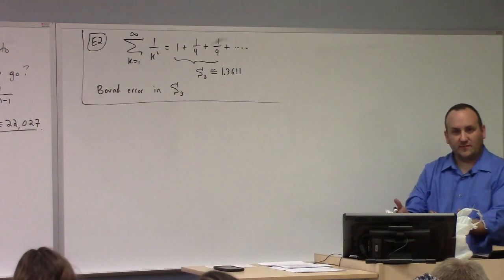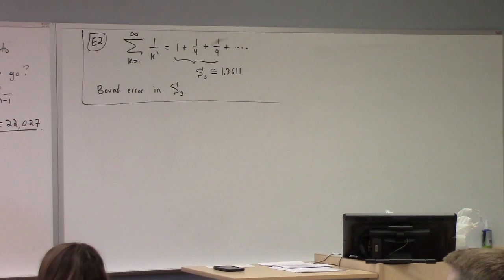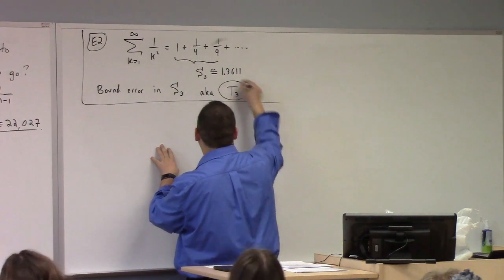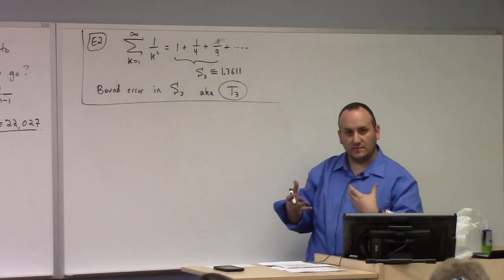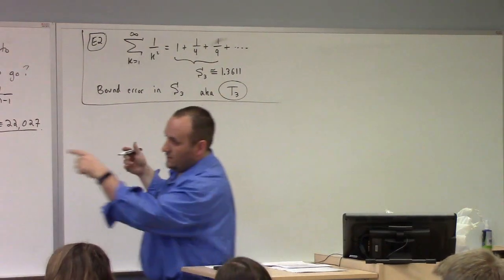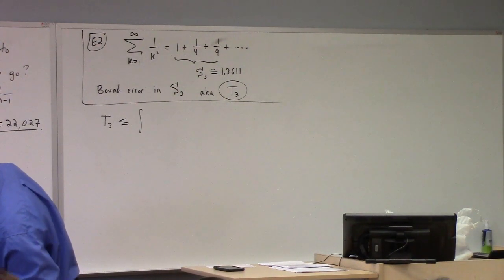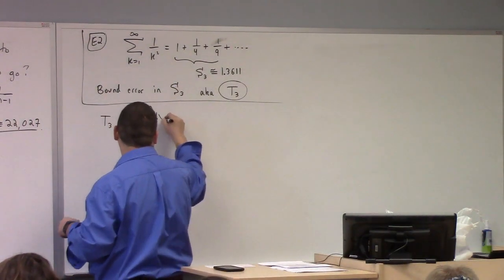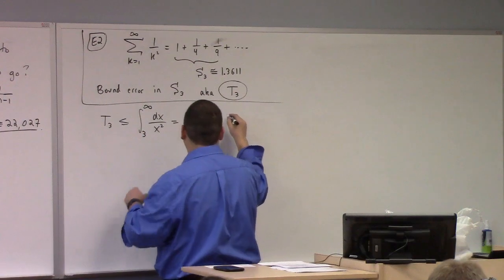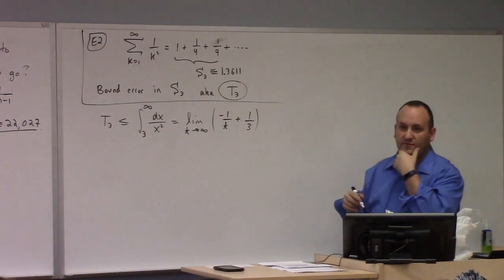So I struggled yesterday because I didn't have the right tool in hand. The right tool is the bubbled thing over here, right? What are we trying to bound? What's the error in S3? T3, the tail. Using the third partial sum, how big is it? So we have that T3 is less than or equal to the integral from 3 to infinity of dx over x squared, but that's easy to calculate. That's the limit as t goes to infinity of minus 1 over t plus 1 over 3, because the integral of 1 over x squared is minus 1 over x.